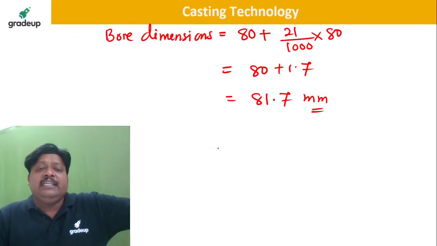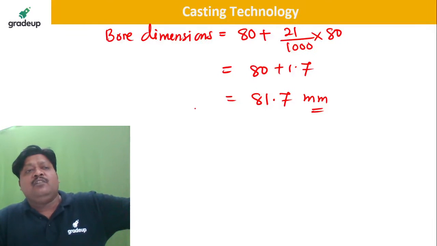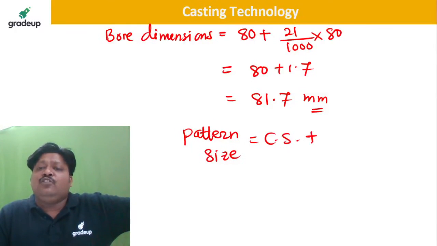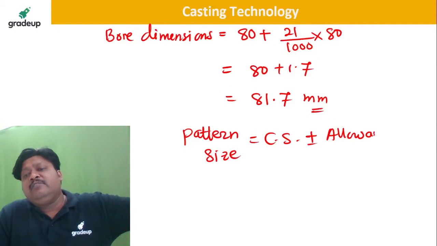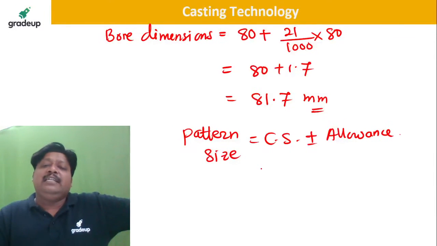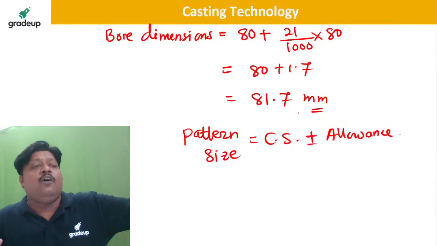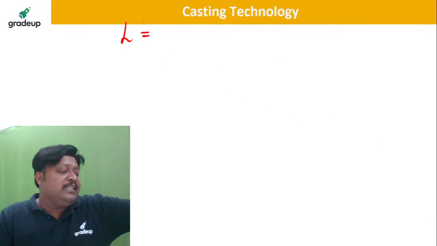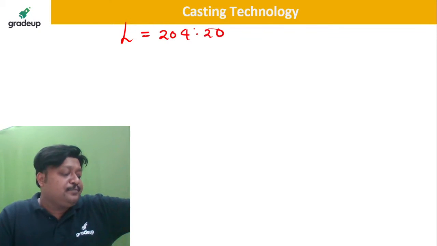Now see here, you have got the dimensions of the pattern. The pattern is now oversize. You know the pattern size equals what? The pattern is a replica of the casting to be produced, which is equal to casting size plus or minus allowances. In this case we have added the allowances because the material is going to shrink. So casting size plus allowances, we have got all the dimensions. So tell me, what is the new length? It is 204.20.